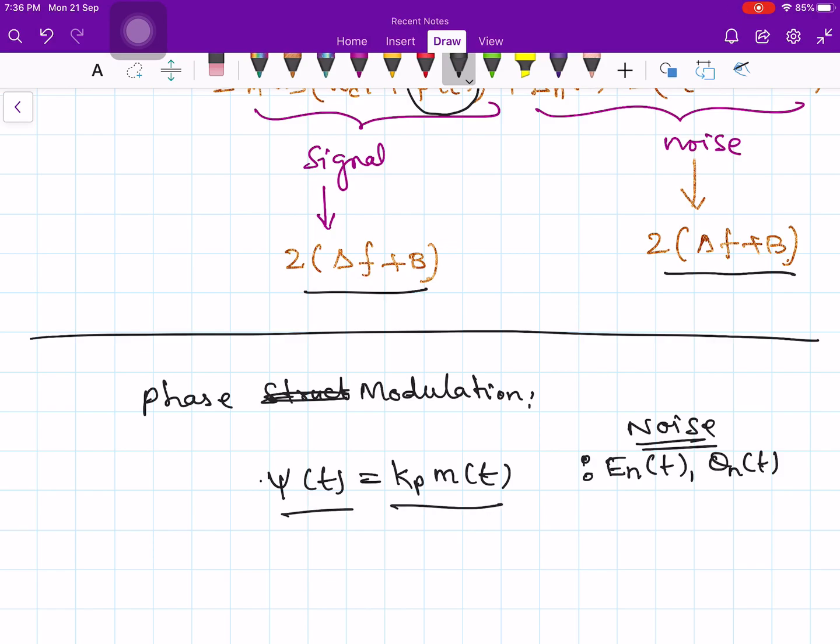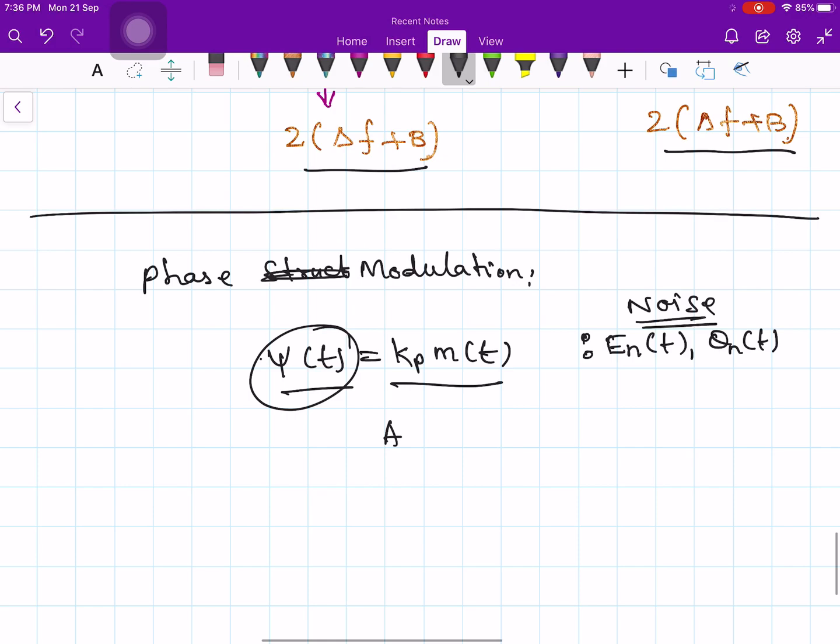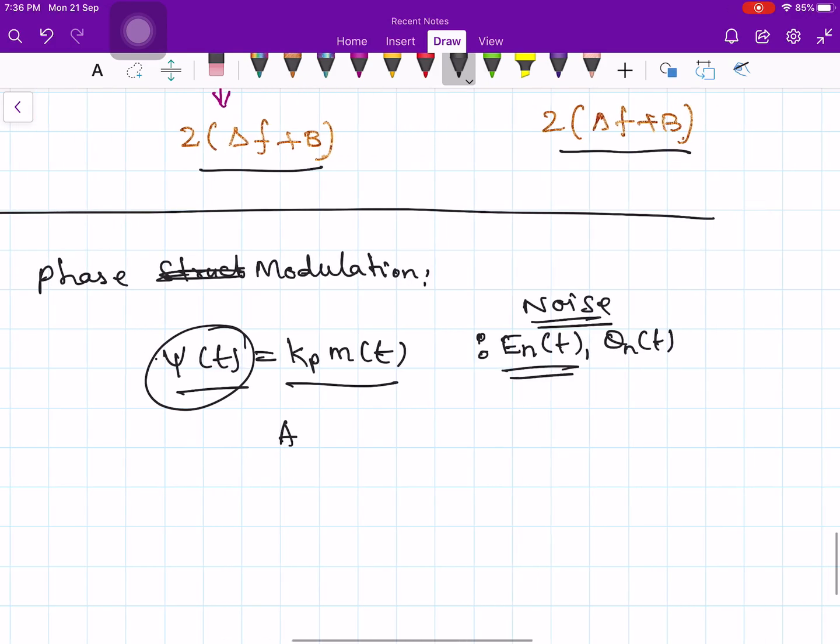So at the input to the system, the signal has the instantaneous amplitude which is constant A. And it has instantaneous phase, that is psi of t. And the noise has an instantaneous amplitude, that is En of t. And it has instantaneous phase which is theta n of t.